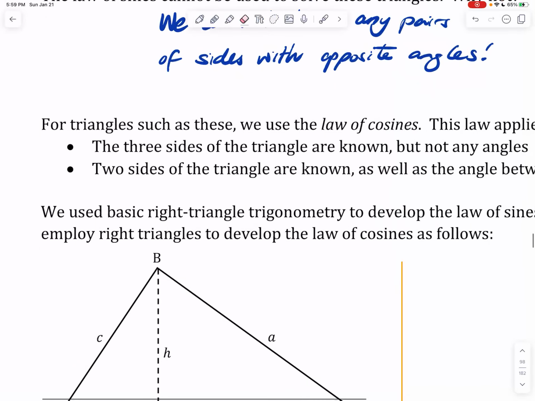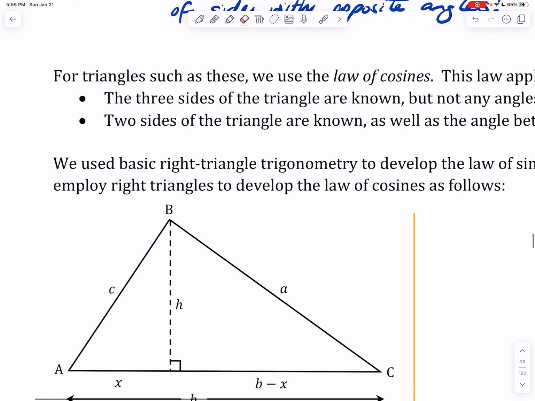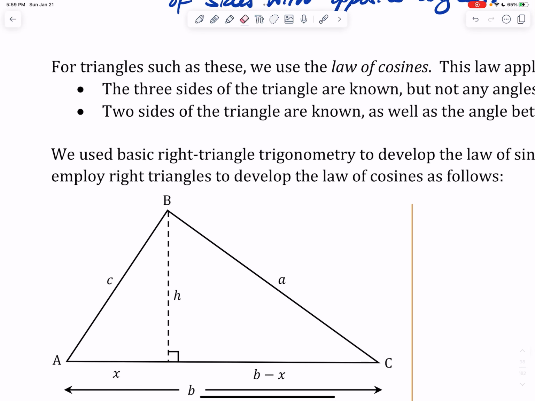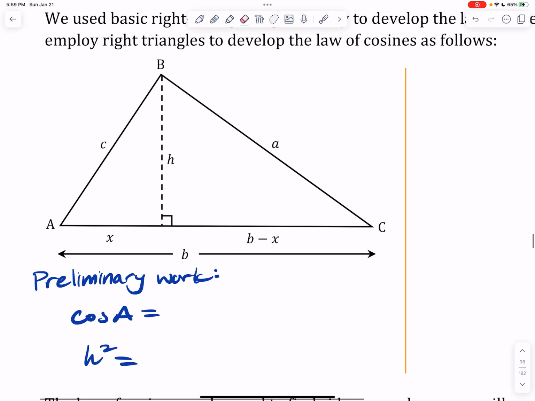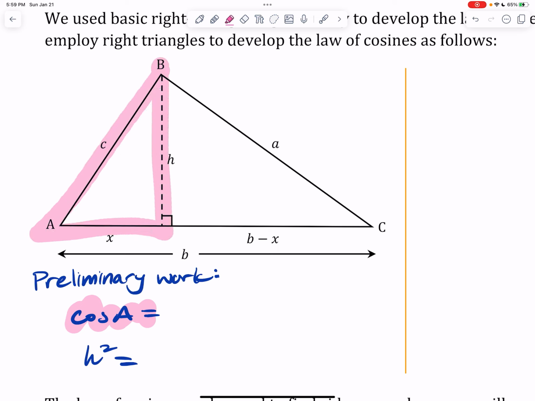So looking at this particular triangle here, we're going to look at a few aspects. We're going to look at cosine of angle A, and that's based on this right triangle we've kind of created within the given triangle. Since that highlighted triangle is a right triangle, we can simply use our SOHCAHTOA stuff and say that cosine of an angle is adjacent over hypotenuse.